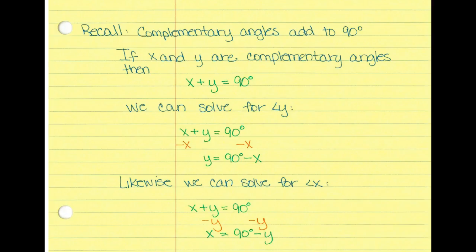Now you might recall that we had complementary angles add to 90 degrees. So if x and y are complementary angles, then we know that x plus y equals 90. Well, we can solve for the angle y by isolating angle y.